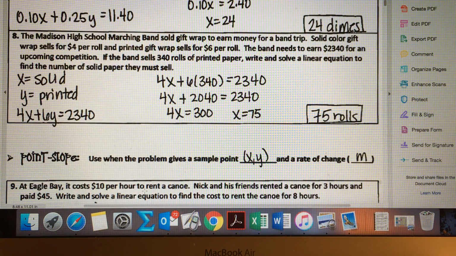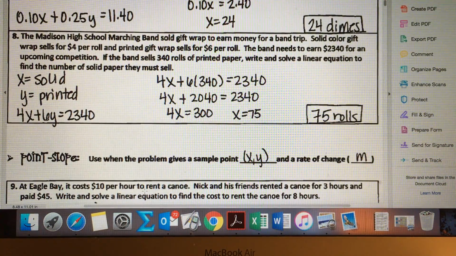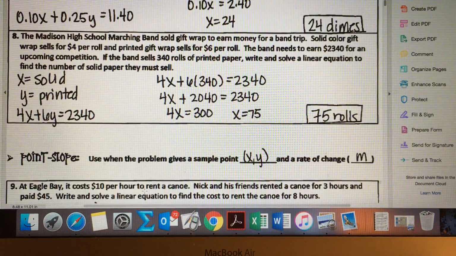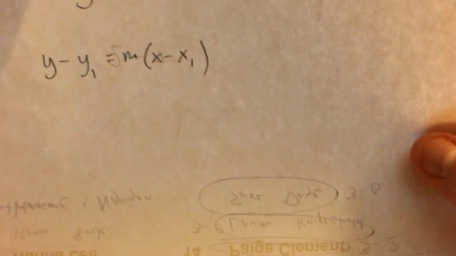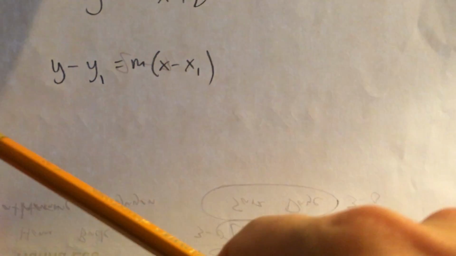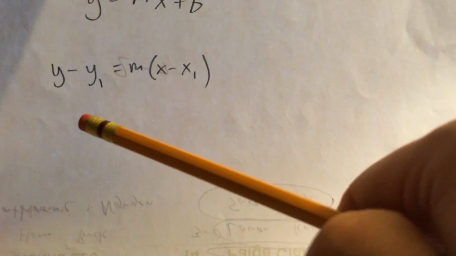Using point slope form. Remember, point slope form is y minus y sub 1 equals m times x minus x sub 1. This right here, where those are your y and x, just like in y equals mx plus b.